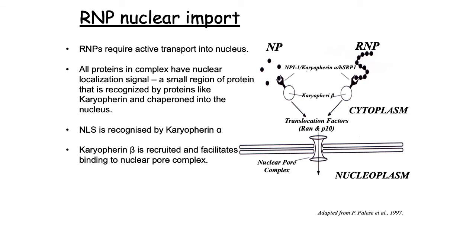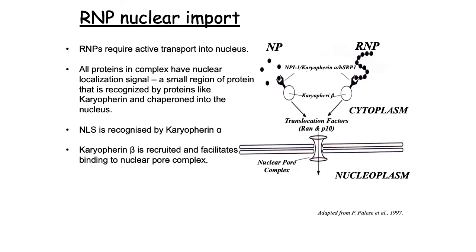So, okay. Karyoferrin alpha is the one that's going to bind the ribonucleoprotein, and karyoferrin alpha is going to be attached to karyoferrin beta. They're going to interact in the cytoplasm, and together, karyoferrin alpha and beta and the ribonucleoprotein are going to go to the nuclear pore, and once they get there, they're going to bind these two translocation factors, things that carry proteins from one side of the nuclear pore to the other.